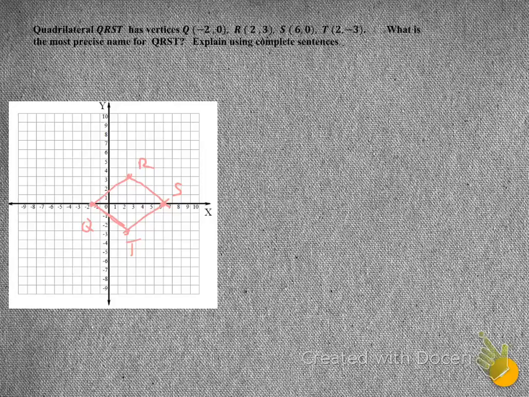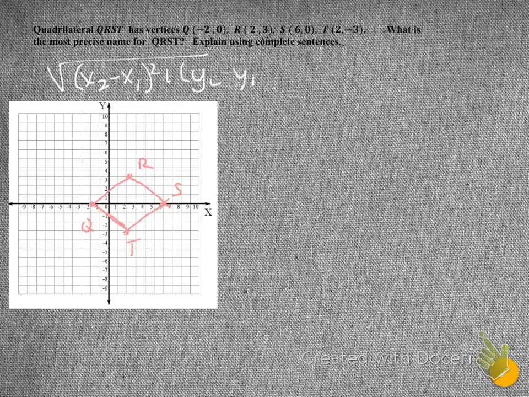So we need to check the distance between the points to see if the side lengths are the same. So first we're going to use our distance formula. Our distance formula is the square root of x2 minus x1 squared plus y2 minus y1 squared.